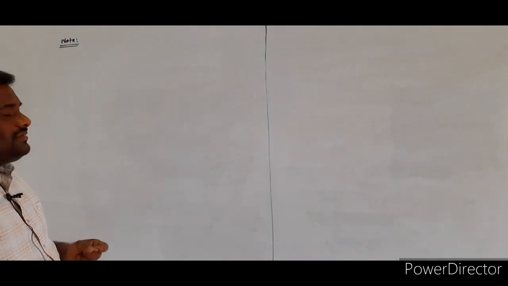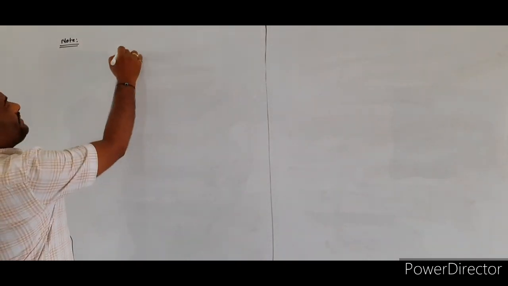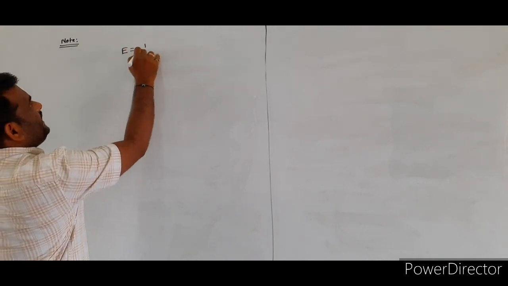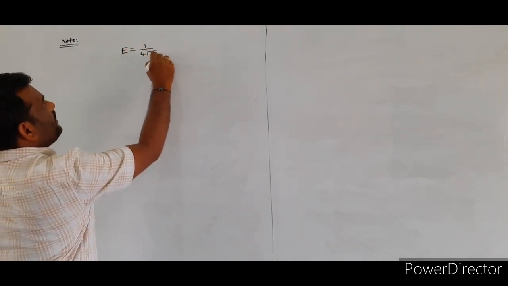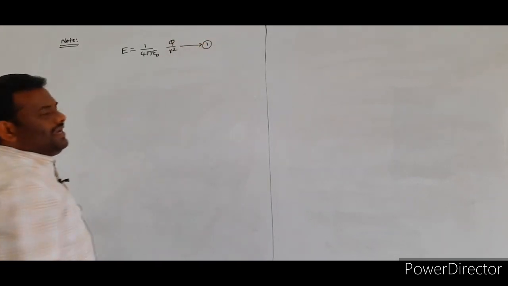Now we derived, see here, the expression for the electric field intensity, which is given by E is equal to 1 by 4 pi epsilon naught Q by r square.